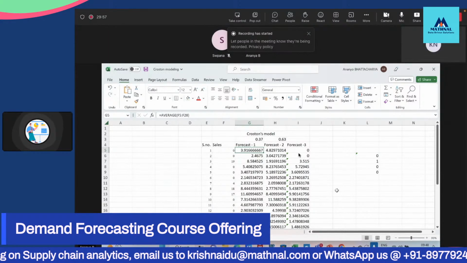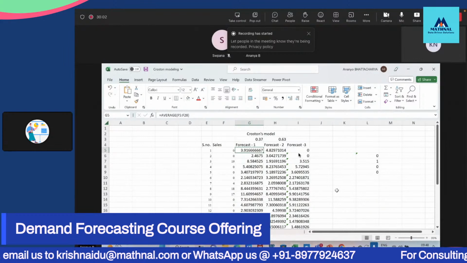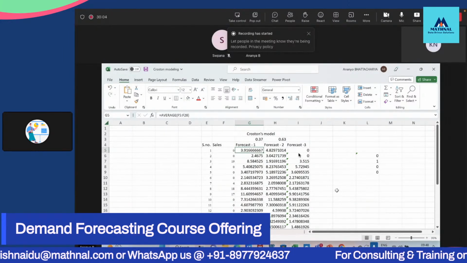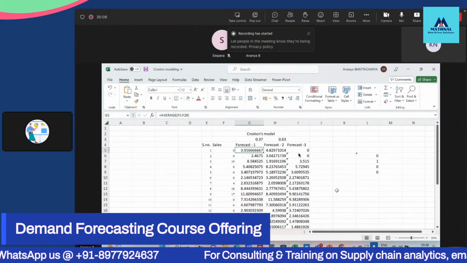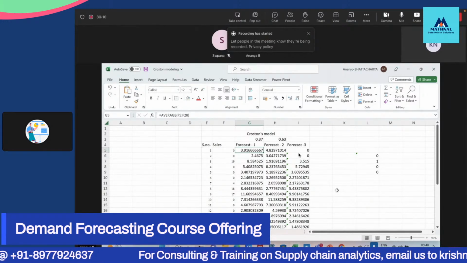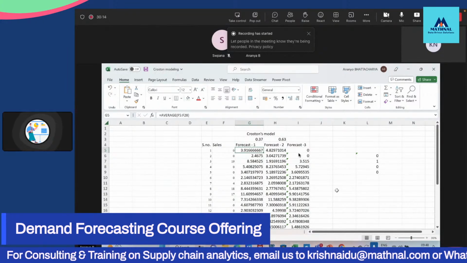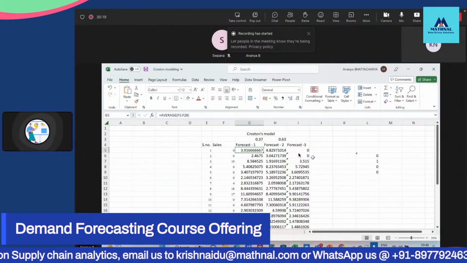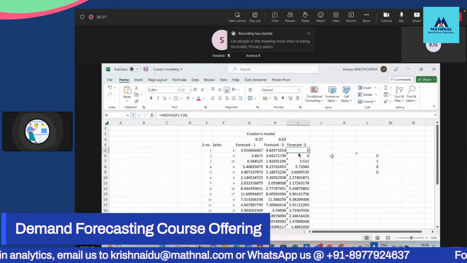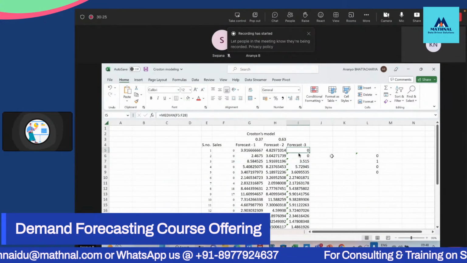So like this, the first approach. If you look at the third approach, forecast 3, we have taken the median, right? The median is coming as 0. If the median is 0, then I think it's better to take something else other than median.